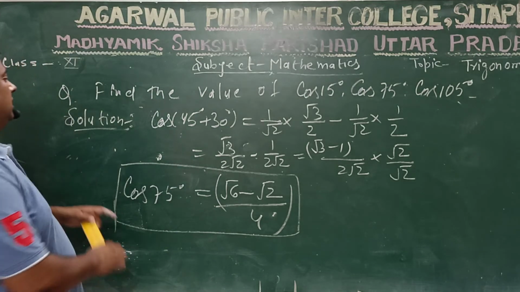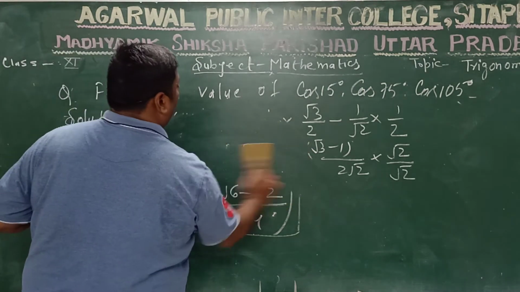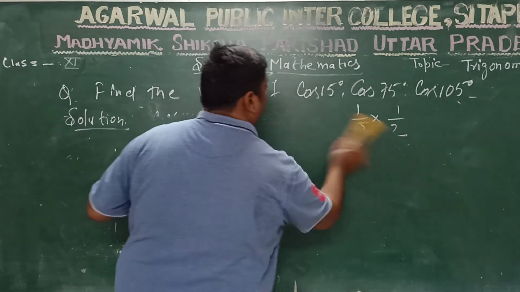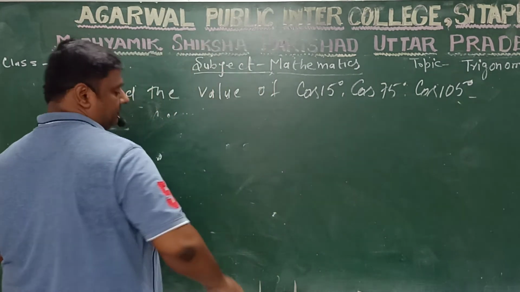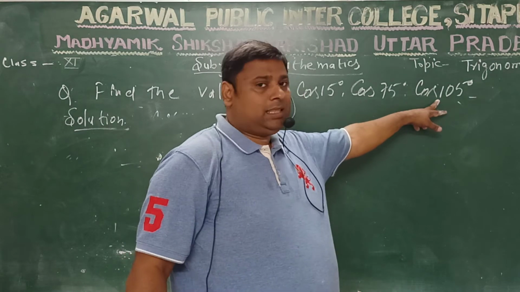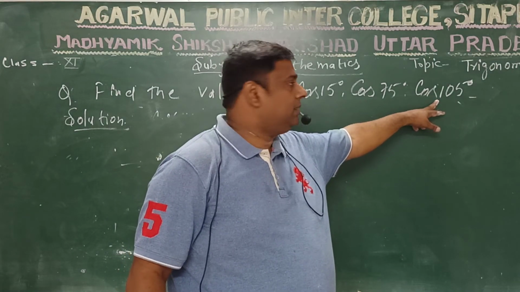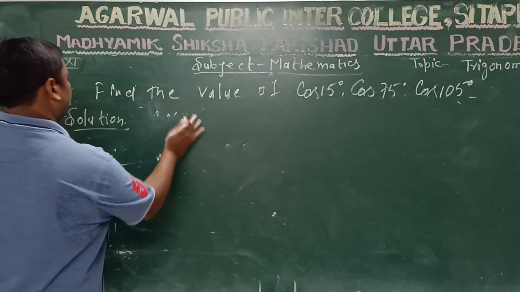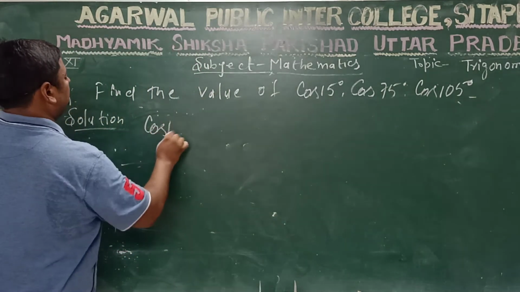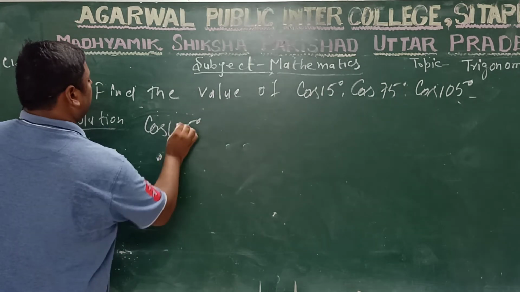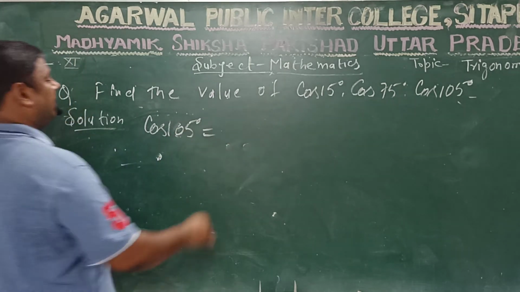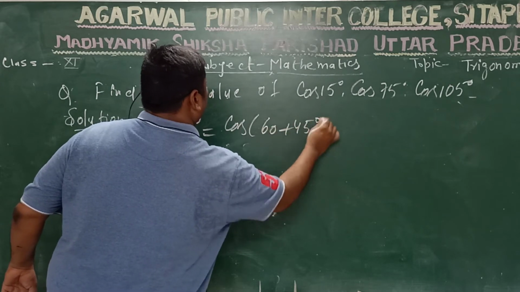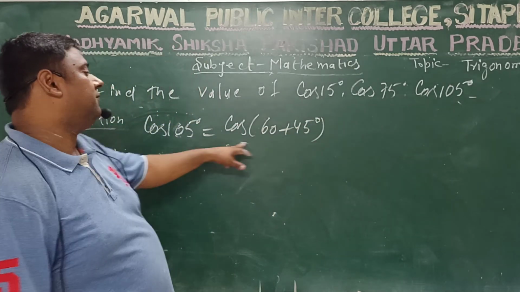Okay. Now we take another question on the uses of cos A plus B or cos A minus B. This is the last use of cos A plus B or cos A minus B. Cos 105 degree. Cos 60 plus 45.